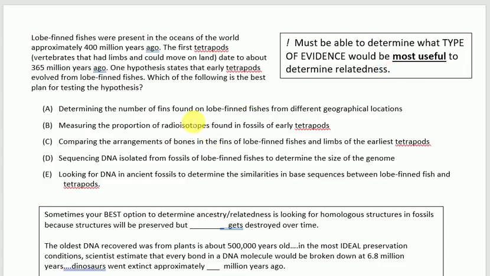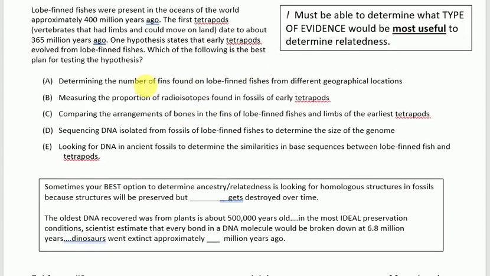So, determining the number of fins found on the lobe fin fish from different geographical locations. That doesn't really help us. Measuring the proportions of radioisotopes found in fossils. That requires a date, so that's not really going to help us in this instance. Comparing the arrangements of bones in the fins of the lobe fin fish and the limbs of the earliest tetrapods.